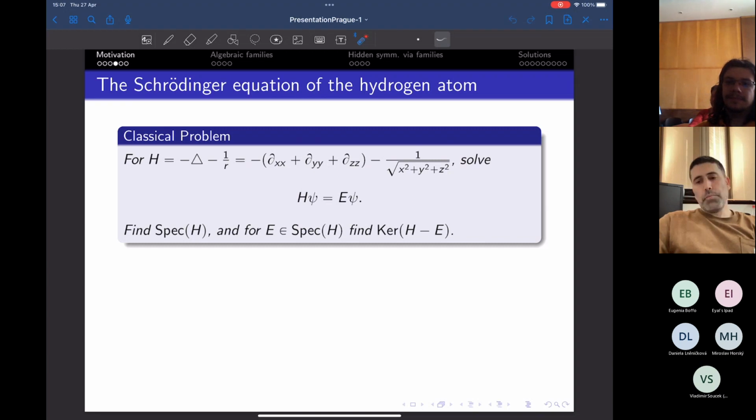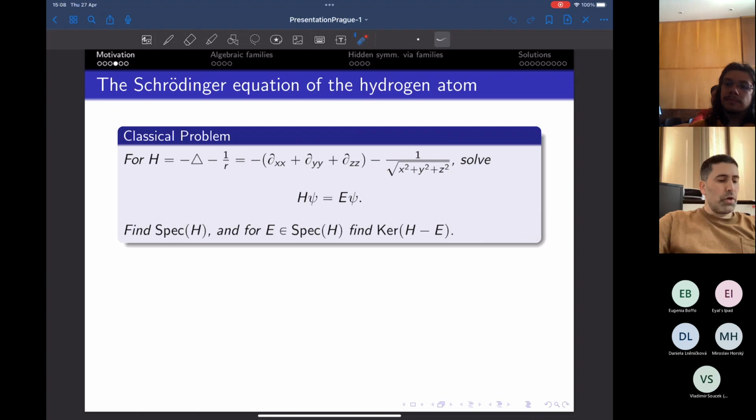And in physics, you typically demand some boundary conditions. You look for functions that are good at zero, good at infinity, and a typical thing to look for, and this is what we'll do, is separable solutions in polar coordinates, or functions that are well behaved under the action of the rotation group, SO(3).